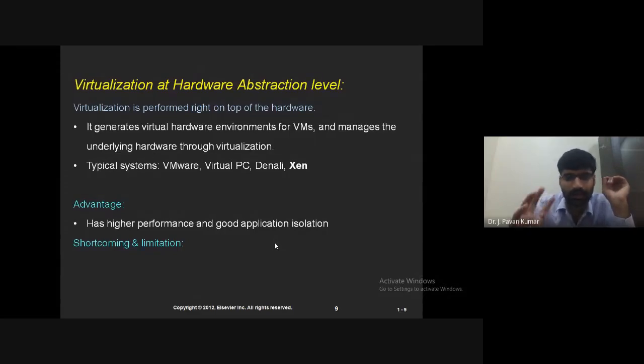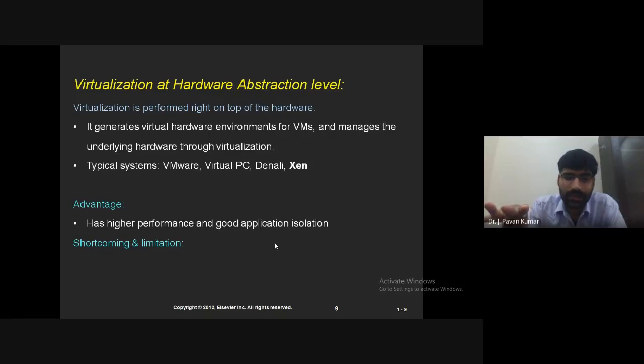Application isolation, we have seen what is meant by application isolation. Suppose while getting the computational power, some sort of storage, some sort of connectivity, all these things we could establish virtually, so that users or guests will feel that that entire environment is independent of any other system. Such kind of illusion we could provide.